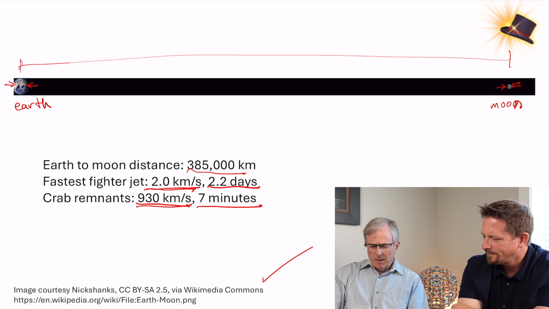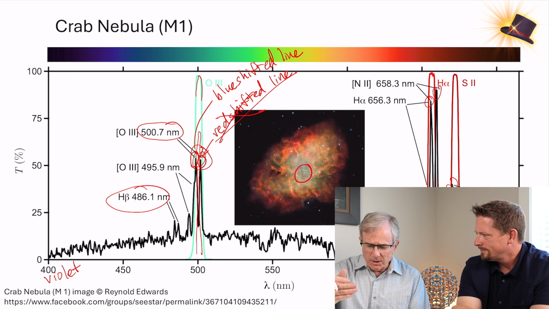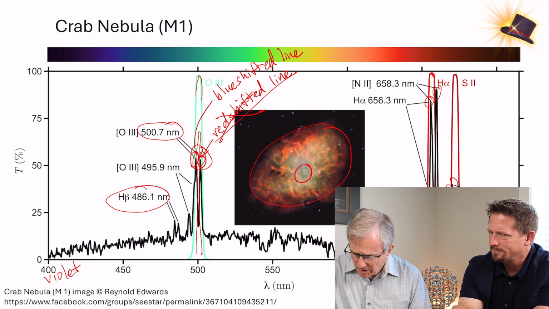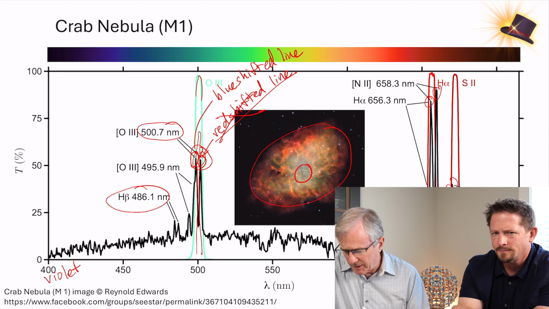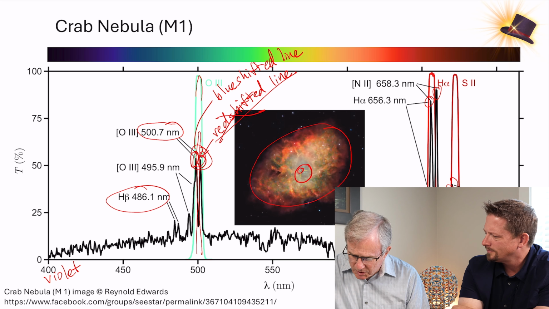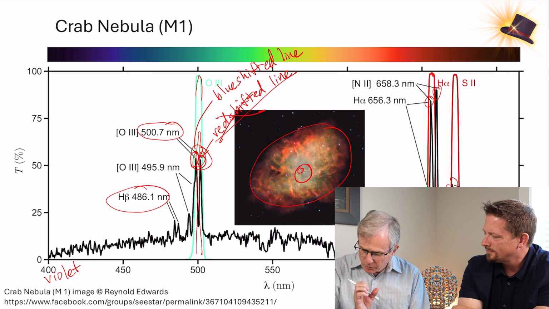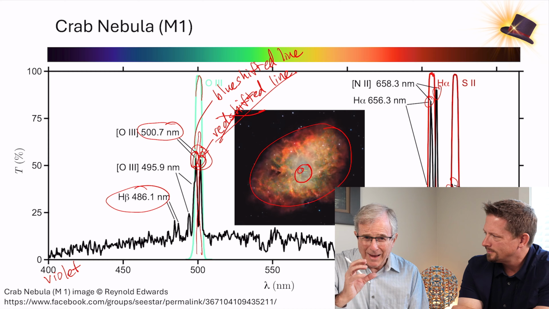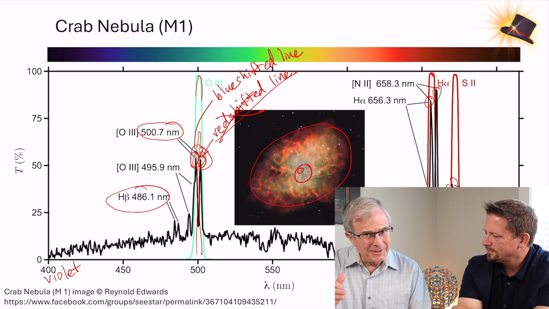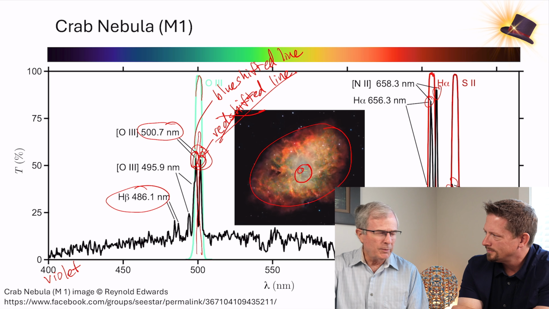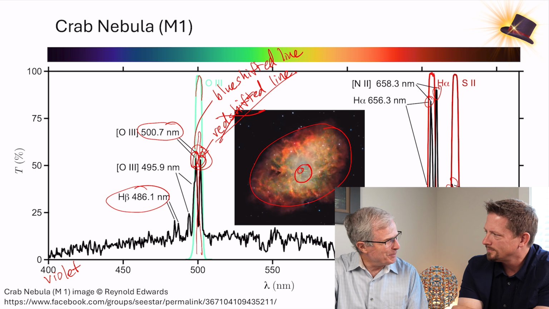Crazy. So the point here is that this violent expansion of the remnants of this supernova, which left behind this little pulsar, little neutron star, those remnants are expanding out, ramming into the interstellar gas and ionizing the gas, and that's why we can see the Crab Nebula.